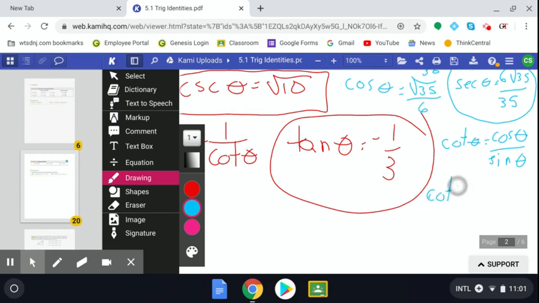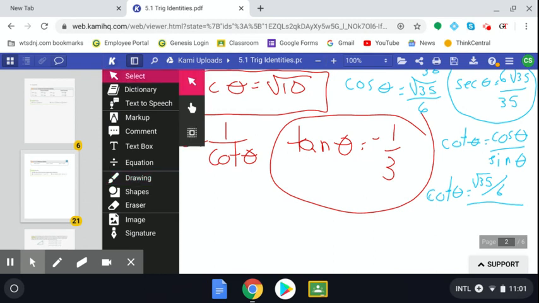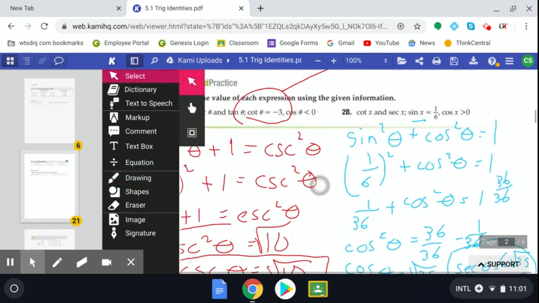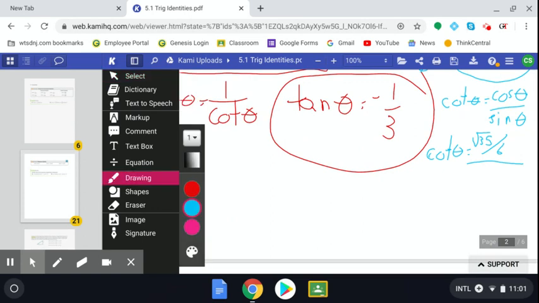So cotangent theta should be square root of 35 over 6, all that over sine theta, which was 1/6. So now I can cross this out, and cotangent theta or x should be square root of 35. And do I have any negatives there? No, they're all positive.